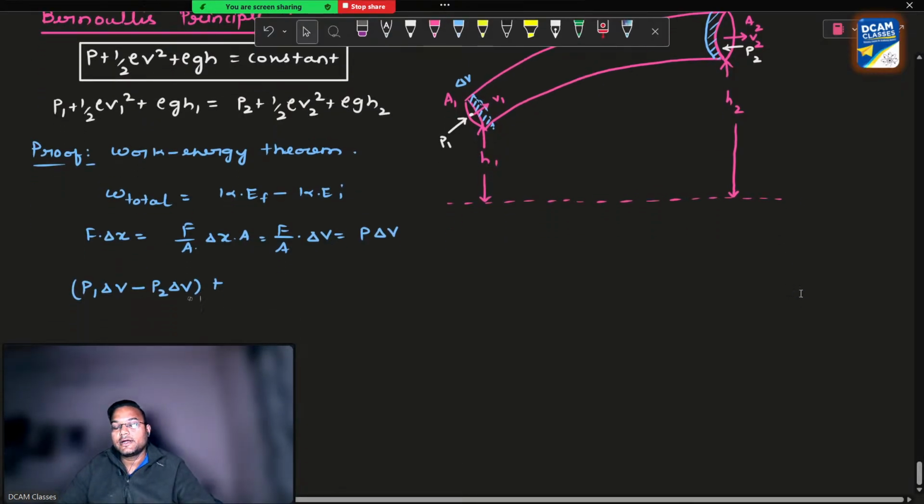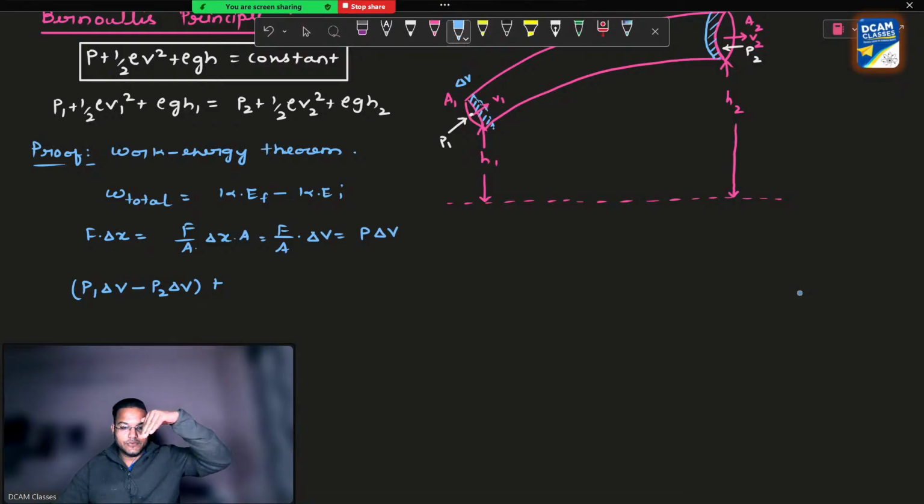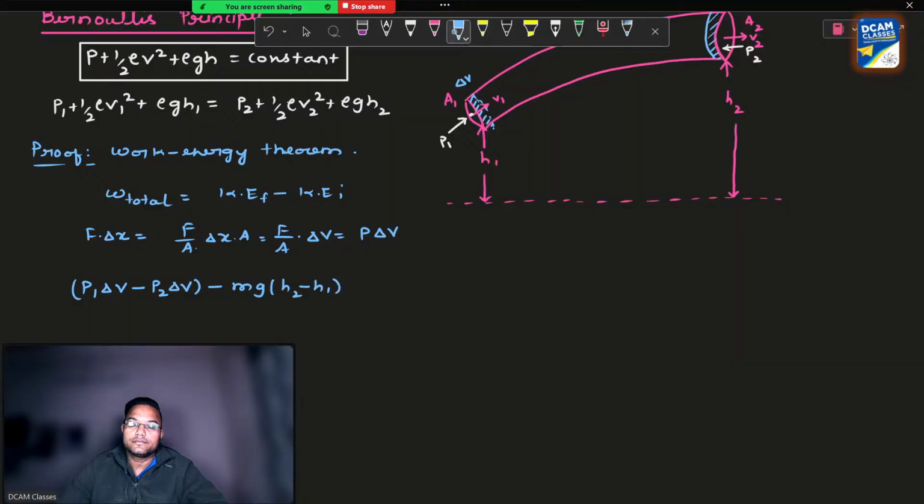But its work done will be negative, because mg will be acting downwards and the fluid is going up. So it will be negative, which I can write as minus mg into h2 minus h1. This will be equal to half into m into v2 square minus half into m into v1 square. Correct this one?